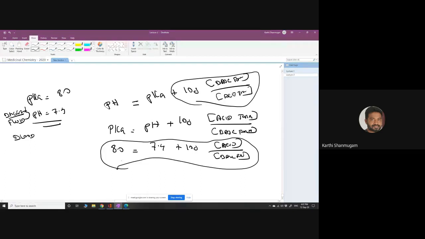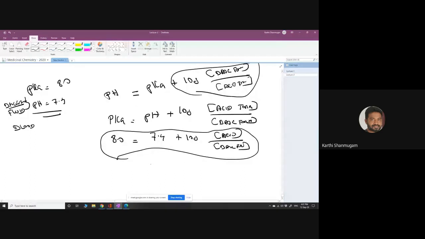What will be the value for acid form by base form? You'll get some value for the numerator and denominator. Solve this equation for acid over base. What will be the value?